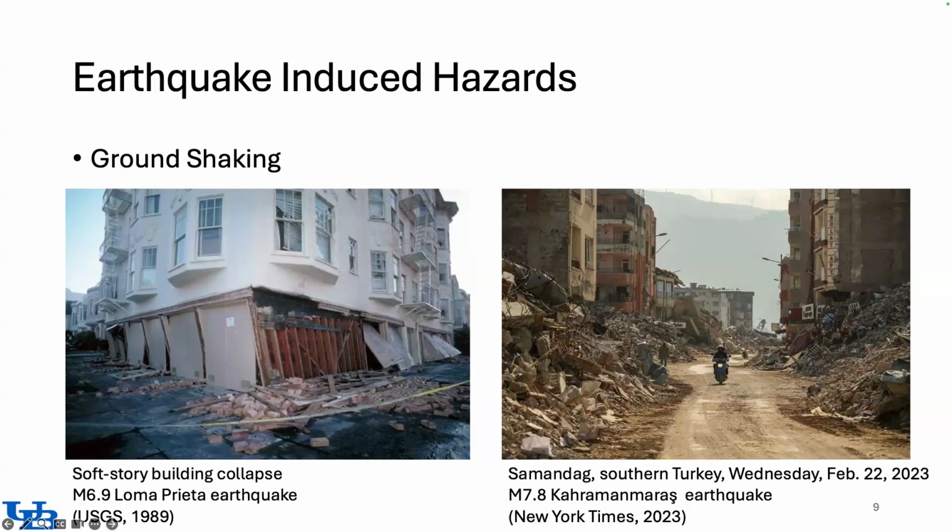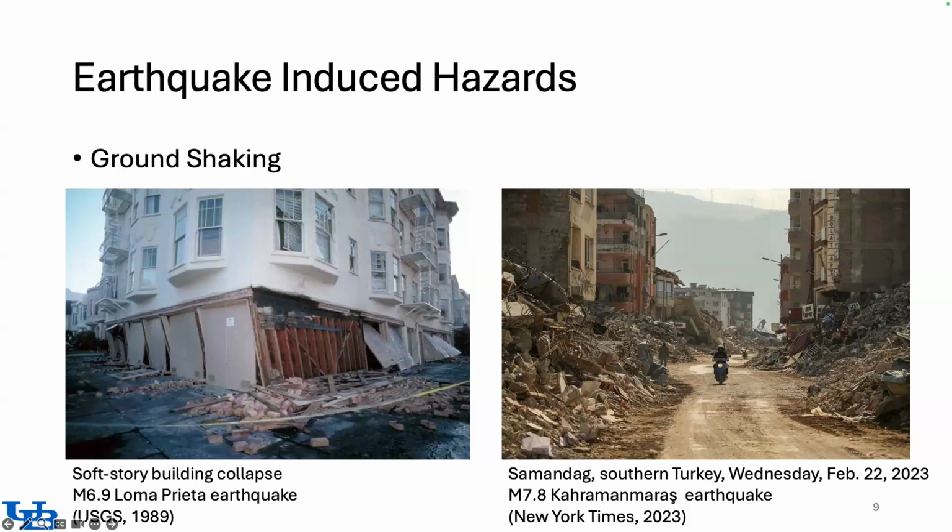Here I'm showing two images from the 6.9 Loma Prieta earthquake that happened in 1989 in the Bay Area in California. And although the size was not very high, as we will see later, because of several decisions in structural design, as well as some peculiarities with how the seismic waves were amplified, it led to extensive damage.